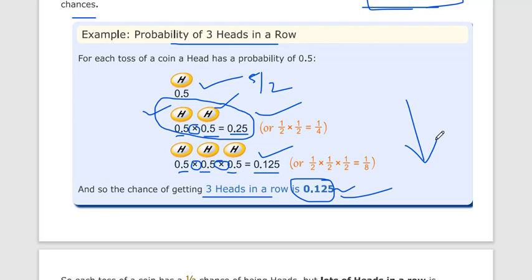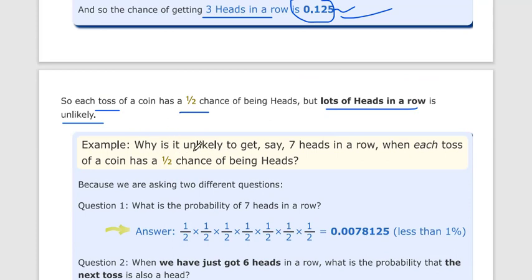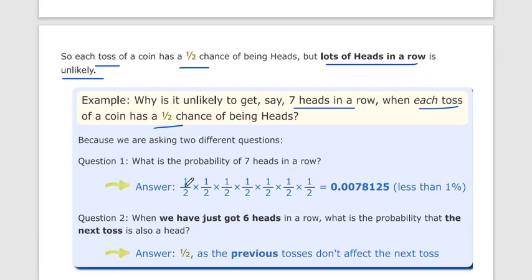Now let's say 7 heads in a row is somehow nearly impossible. What is the probability of 7 heads in a row? We have to multiply 7 times: 0.0078125, less than 1%. So there is less than a 1% chance that if you toss a coin 7 times, the outcome will be 7 heads in a row.